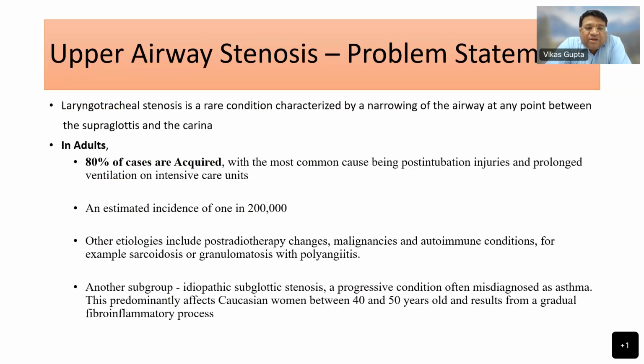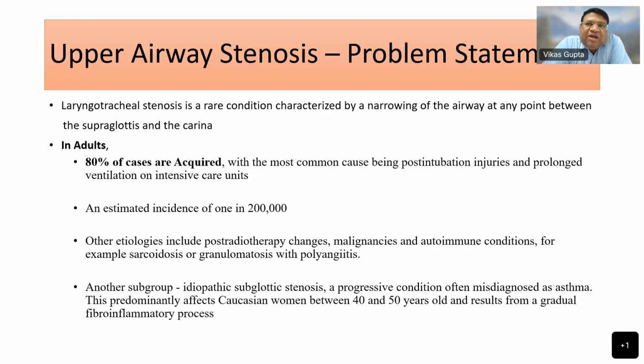Out of 100 cases of airway stenosis, around 80% are acquired. This 80% is an average number picked up from various studies. The numbers quoted by various authors in the literature range from 60, 70 to 95%.